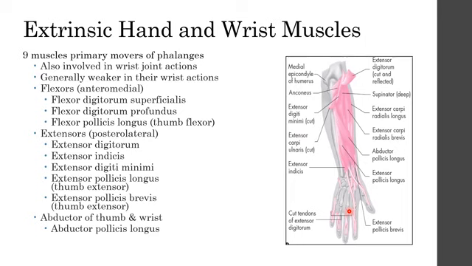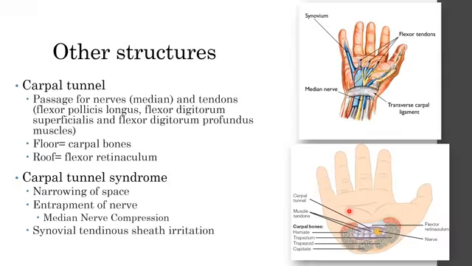They do not act on the thumb, right? We have our pollicis group for that. Does that make sense? A lot of information. Just make sure you orient yourself and organize it accordingly.